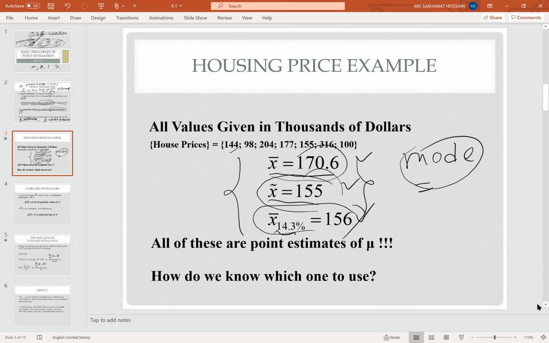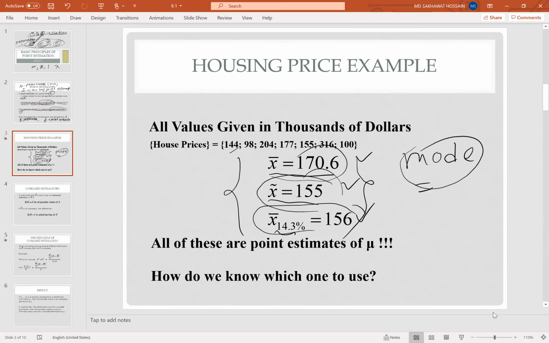Now the question is, which point estimate will we use to estimate the parameter value? To determine which estimate you will be using, we have to take several things into consideration.